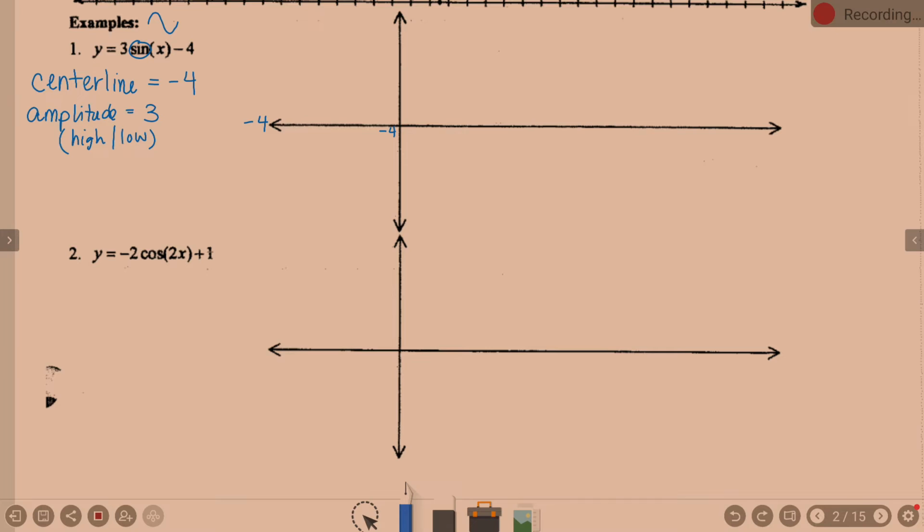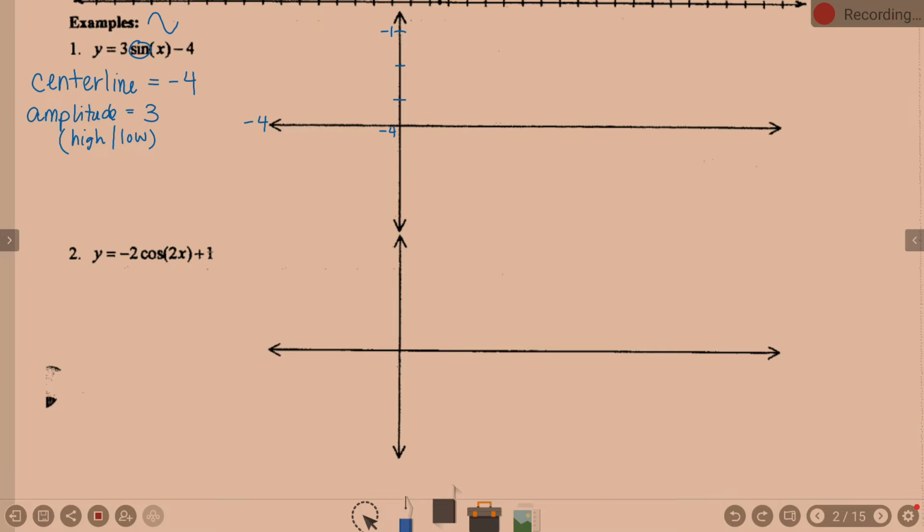So the idea here is from -4, we're going to go 1, 2, 3 up. What is that going to be? We're going to go to a height of -1 because I can count -3, -2, -1. In all honesty, what I usually do is just put tick marks, but I'll have the -4 and I'll have the -1.